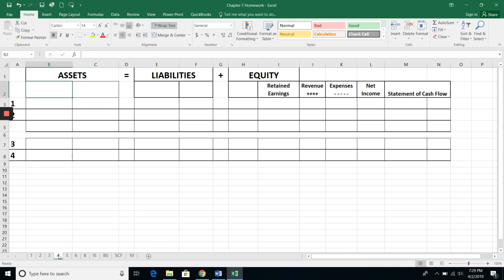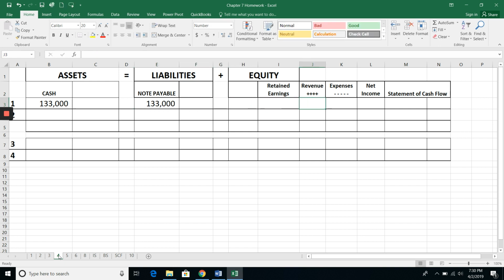Our cash is being increased when we borrow, 133,000, and our note payable is also increasing by 133,000 because we have to pay that note back.